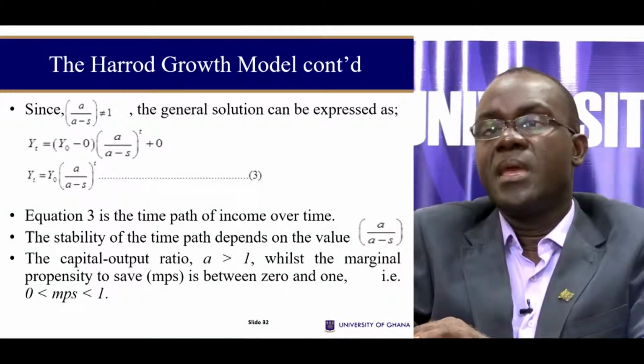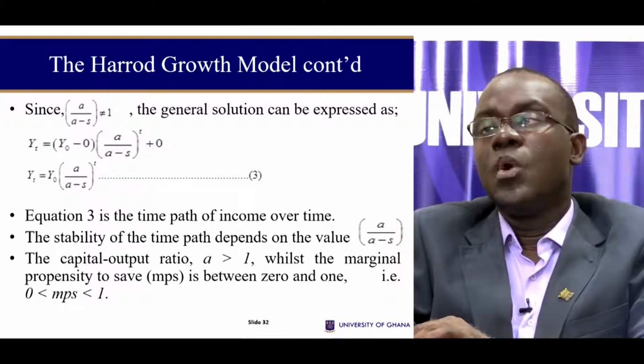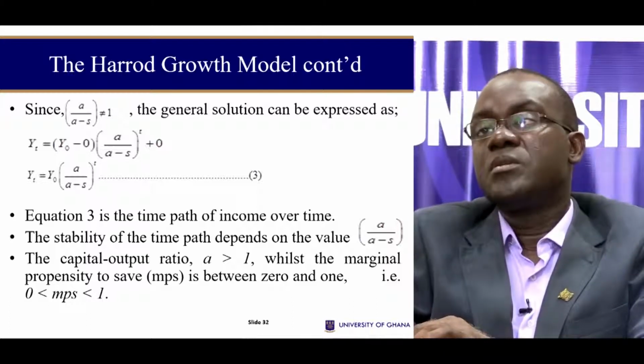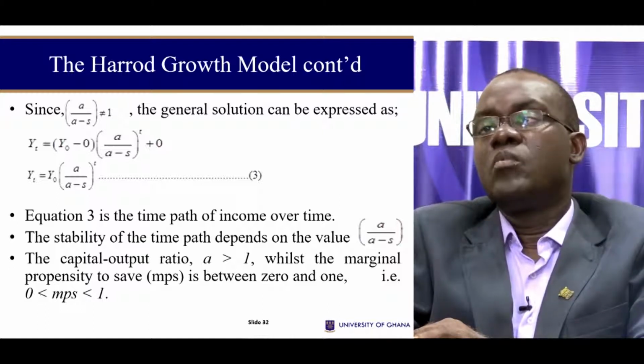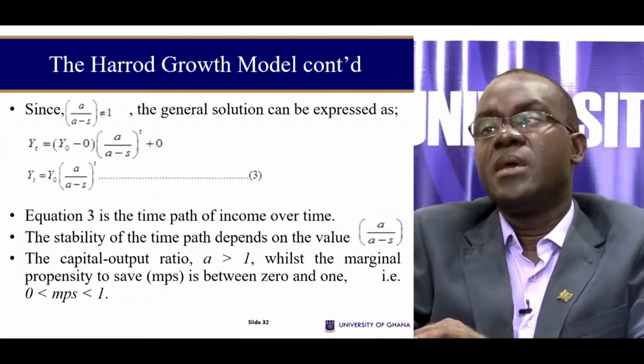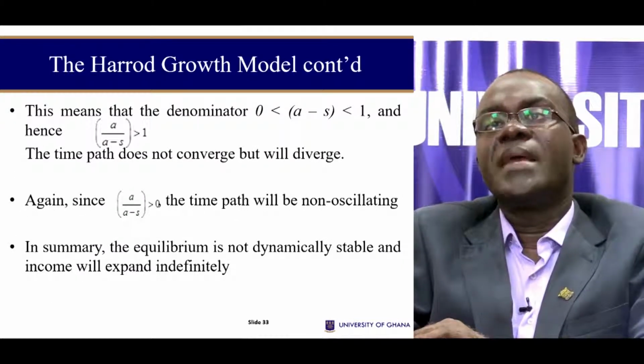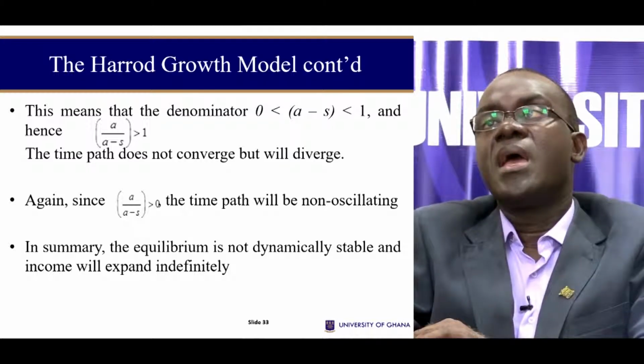And you know that the marginal propensity to save is a fraction. So what we have standing here is smaller than what we have standing here, and therefore the whole ratio will be greater than 1.